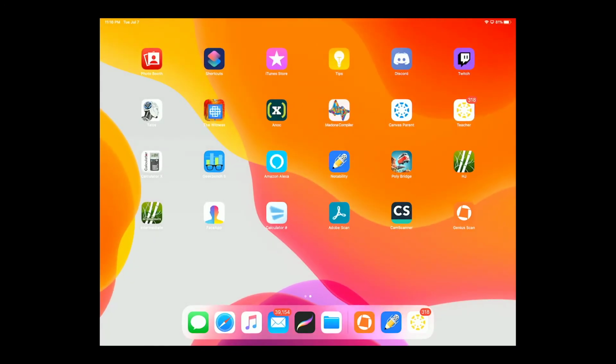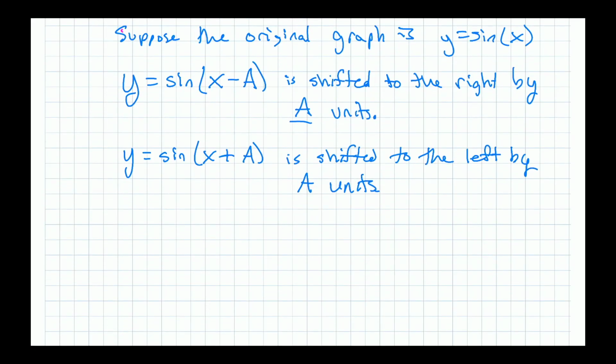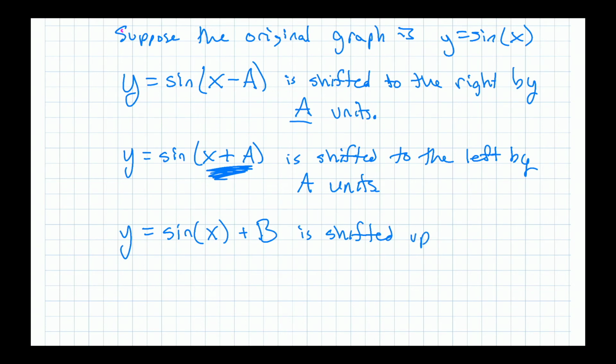Okay, well, what else can we do? We can add a constant outside of the sine. So notice that the a was being added to the x value, and now I'm adding the b outside. So if I add a b there, that is moved up by b units.